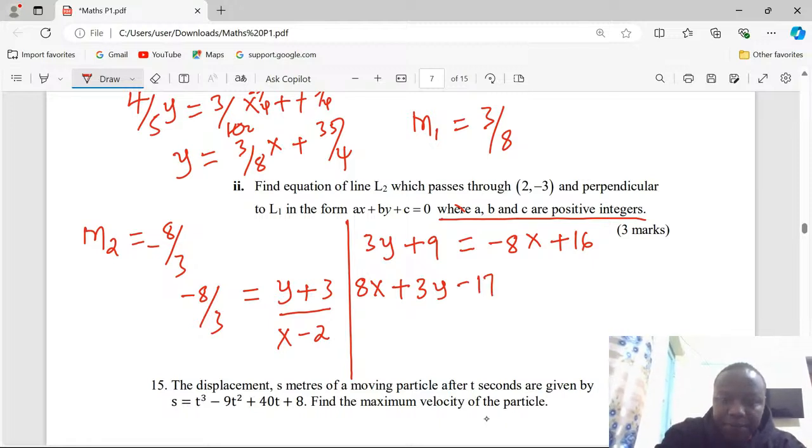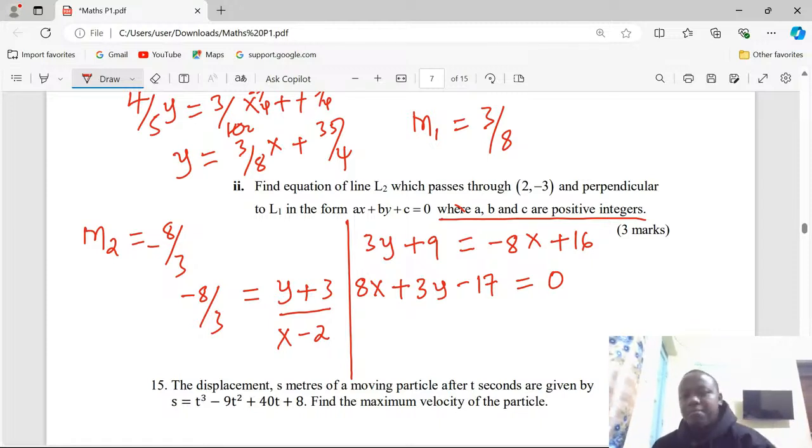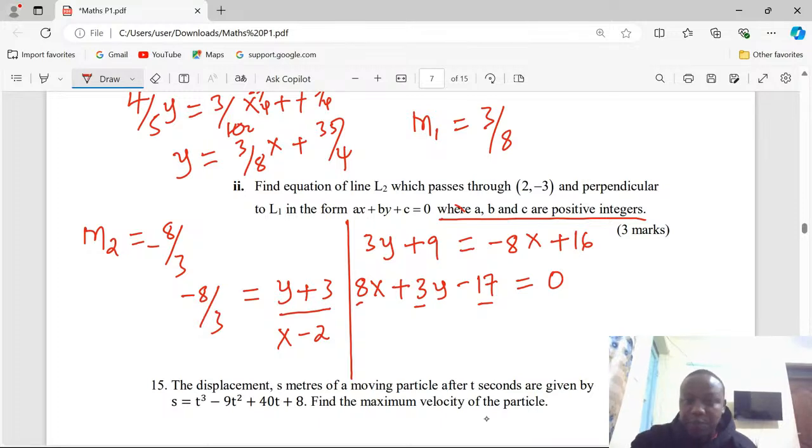Then we remain with a 0. Our negative 17 is now our c, and there is no way c will become positive. We have the first value positive, the second one also positive, but this one is not a positive integer, it's a negative 17. That is what we are having.